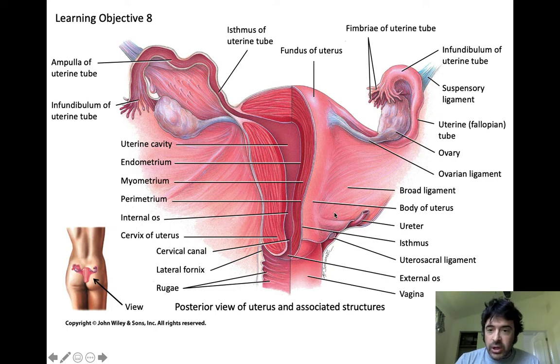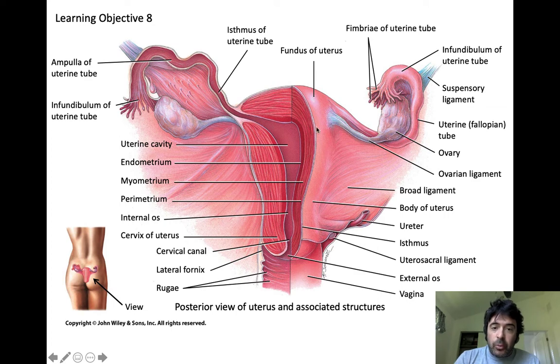So the regions of the uterus I want you to know. The tip of the uterus, right? So the tip of the uterus is a region called the cervix. So if I was to put a box around this area right here and say identify the specific region of the structure indicated, right, we would have the cervix.